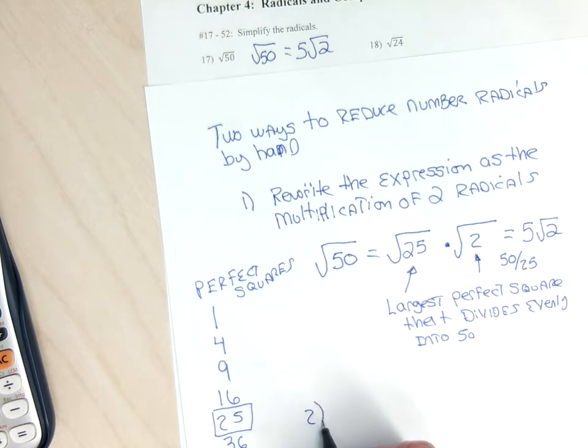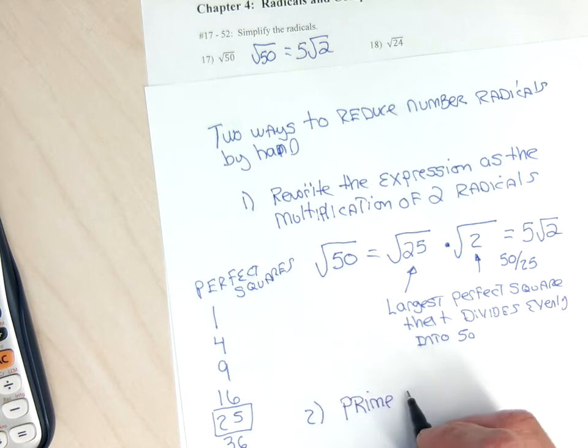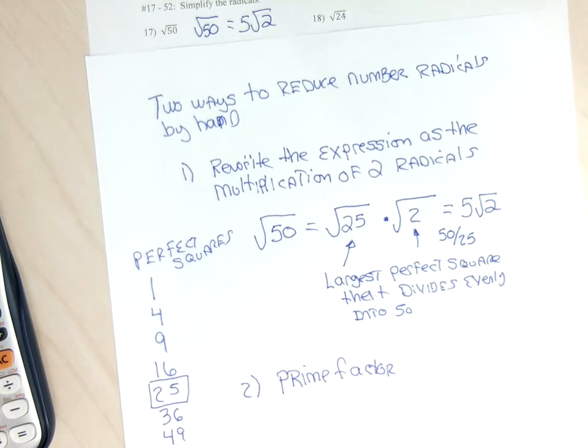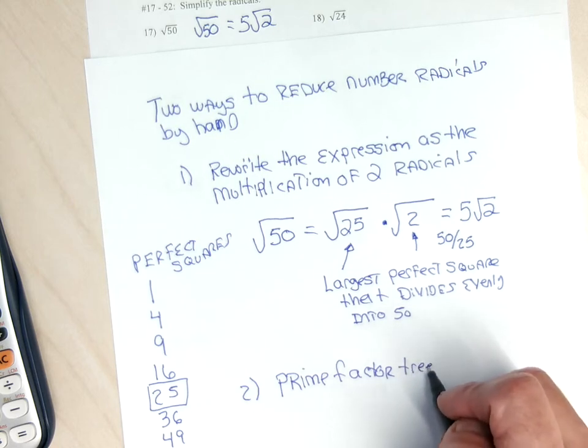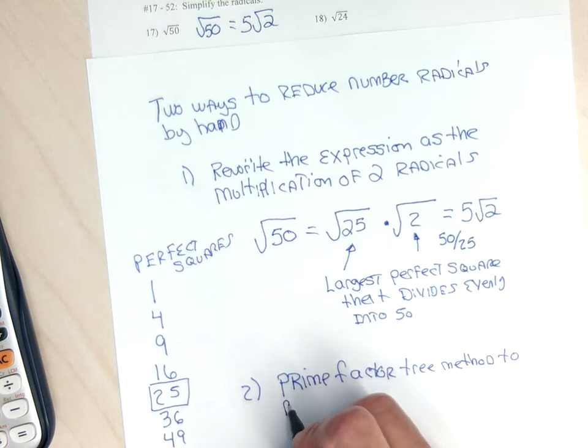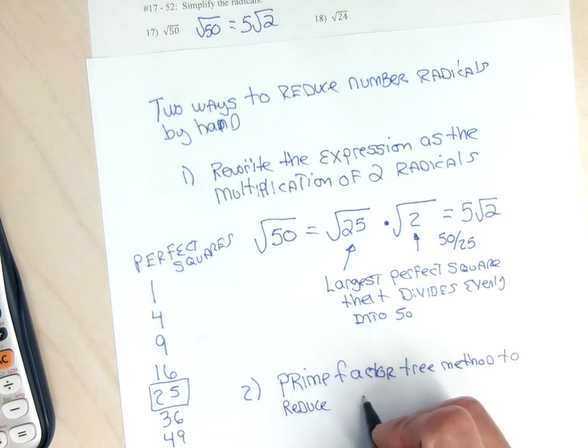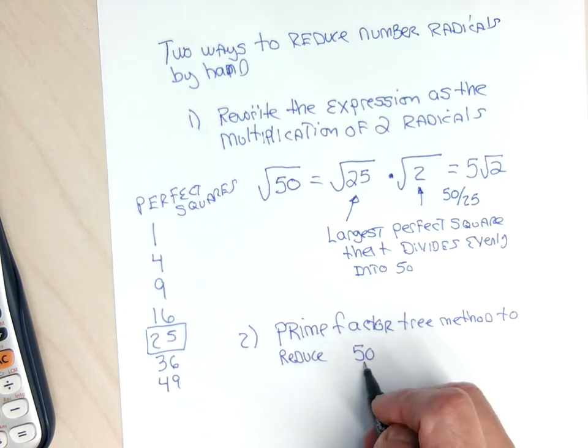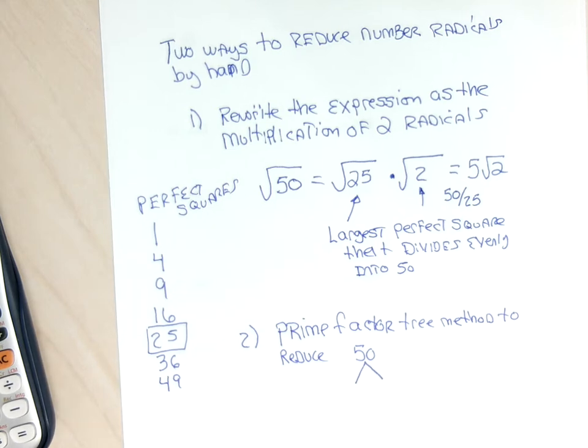The second way to reduce is the prime factor tree method. So I'm going to make a prime factor tree for 50. 50 is not a prime number, and to do a prime factor tree, I usually take the number I'm doing a prime factor tree for and write like a V under it, and on either side of that V are any 2 numbers that multiply out to be 50.